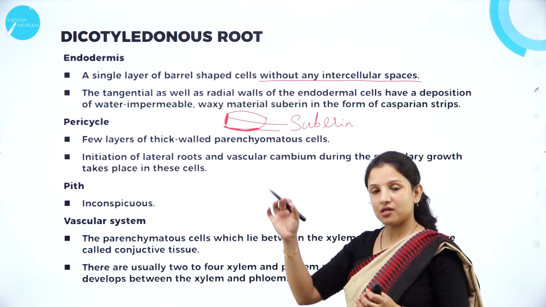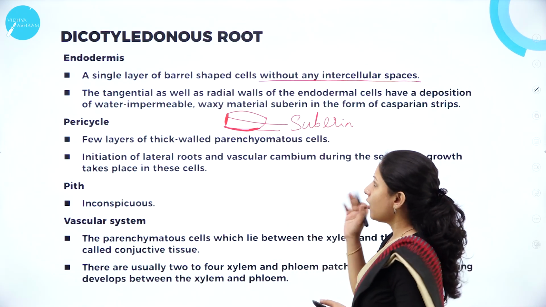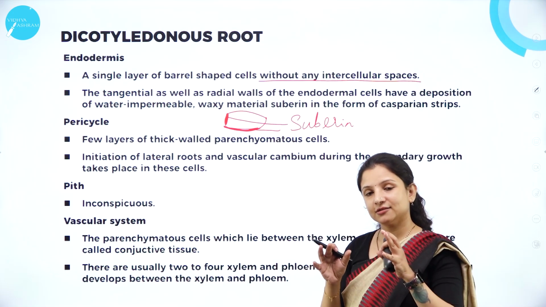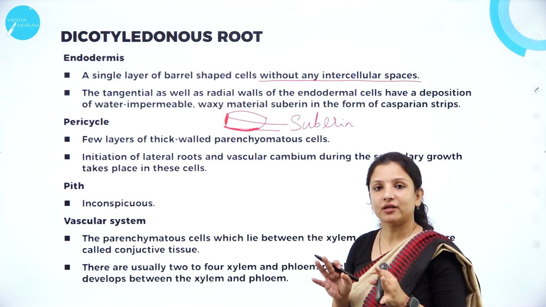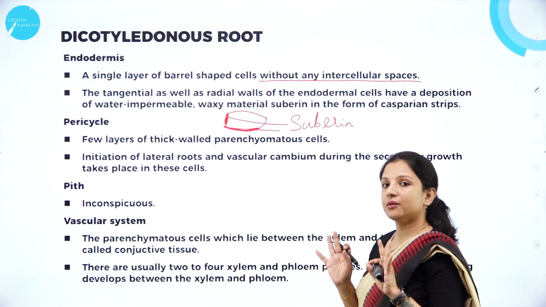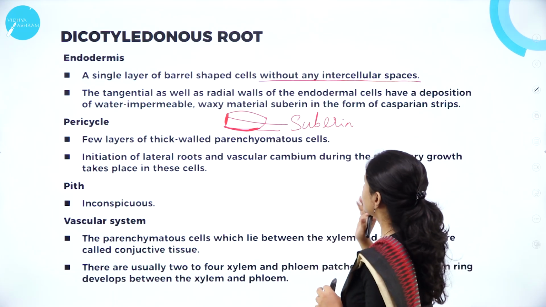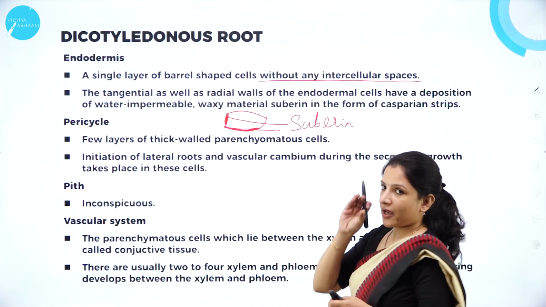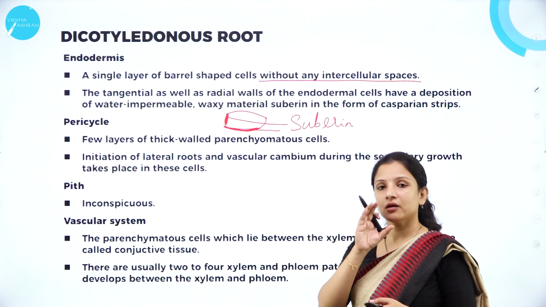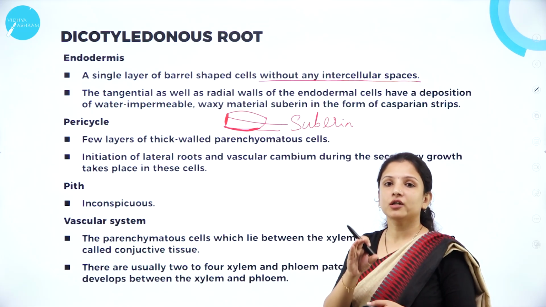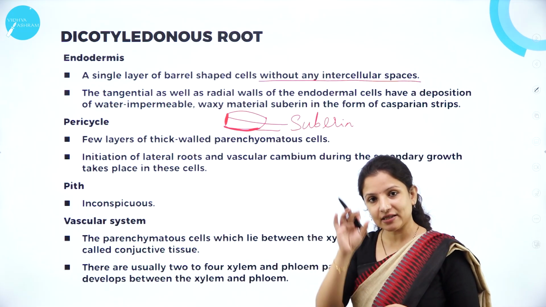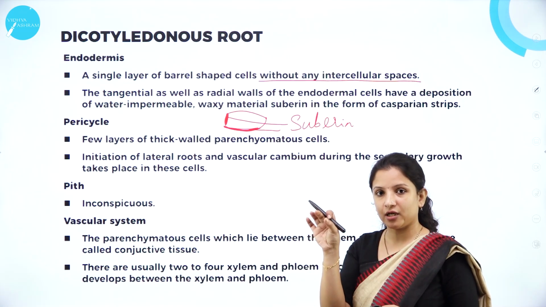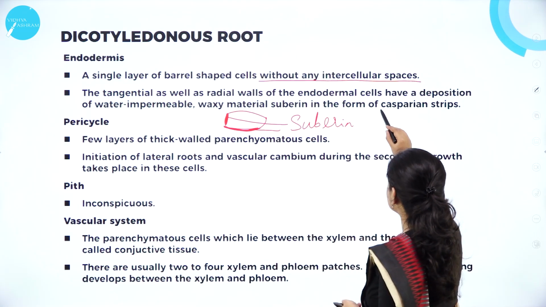That is why they are compactly placed and do not have any space between the parenchyma cells. So those parenchyma cells in the endodermis of the dicotyledonous root having suberin deposition in the tangential as well as the radial wall is called the Casparian strip.